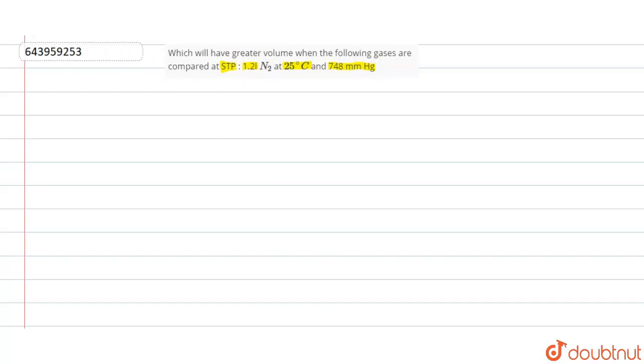So let's start. What is given here? Firstly, we have to write what is given in the question. Given here is V equal to 1.2 liter, and pressure is given here, 748 mmHg.